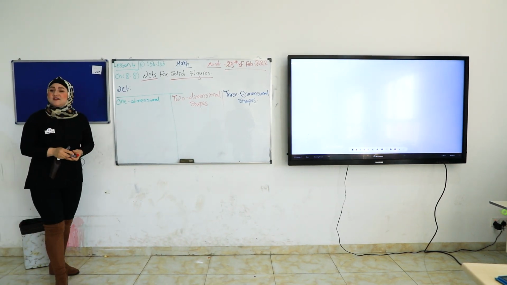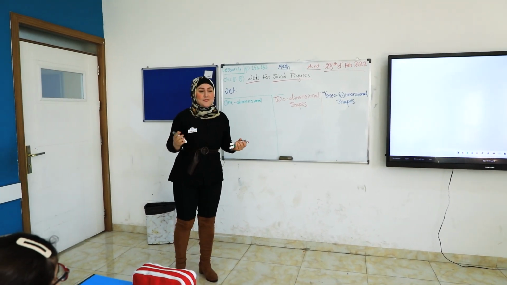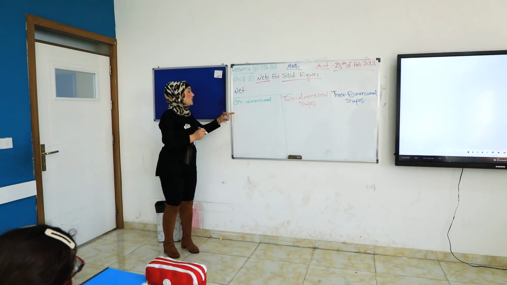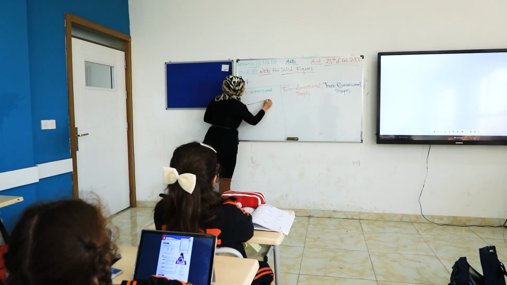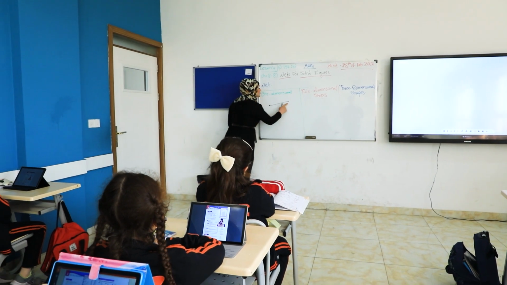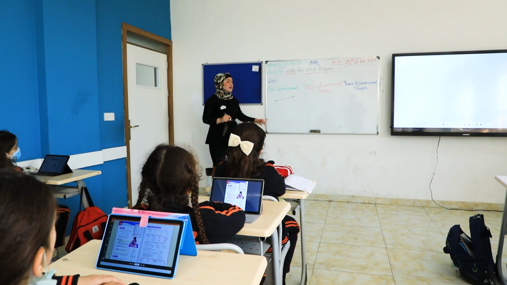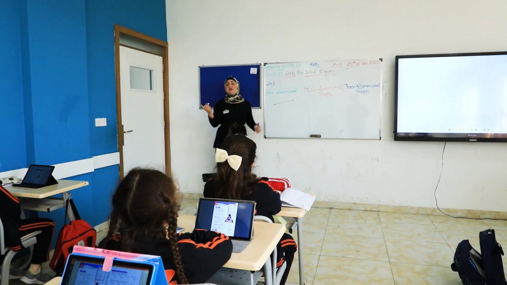What is a one-dimensional shape? Listen to me, guys. One-dimensional shapes could be a line segment. Do I have two dimensions here? I have only one dimension, right? That's why we call it one-dimensional.